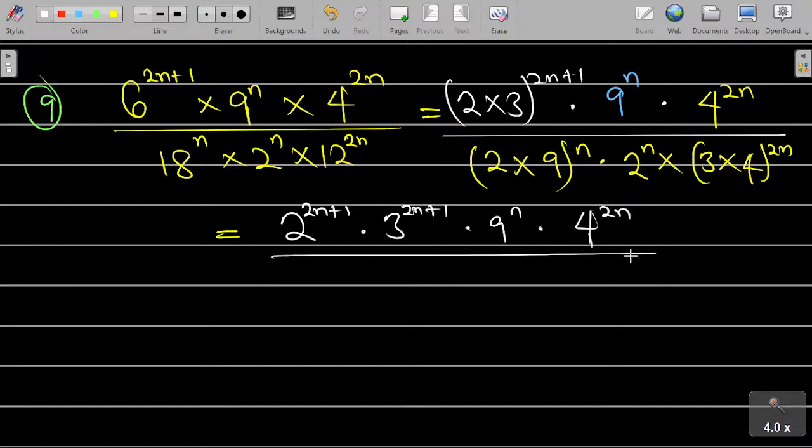Divide this. Open this bracket, you get 2 to the power of n, multiply by 9 to the power of n, multiply by 2 to the power of n. Then if you open this other bracket, you will get 3 to the power of 2n, then multiply by 4 to the power of 2n.